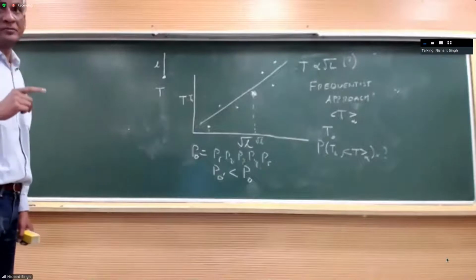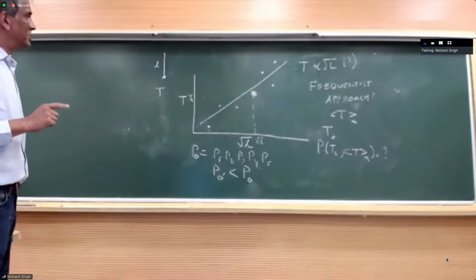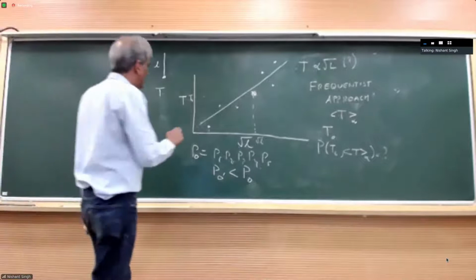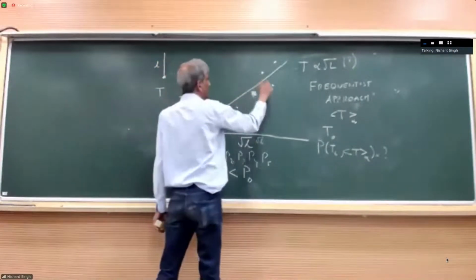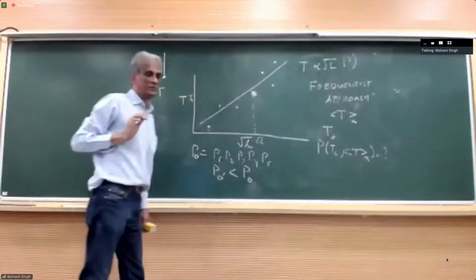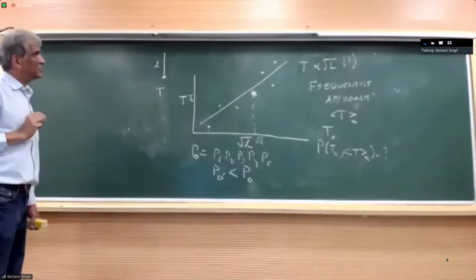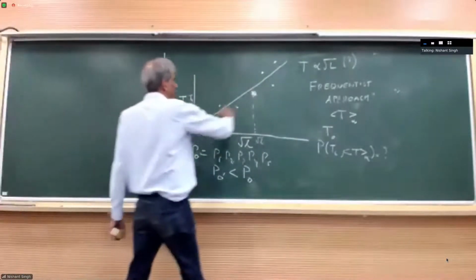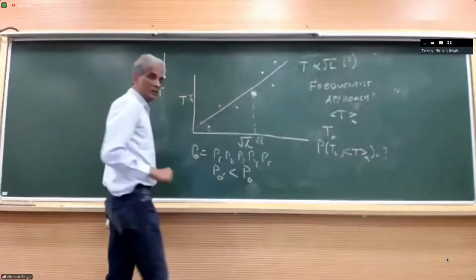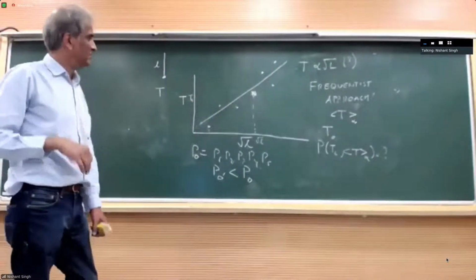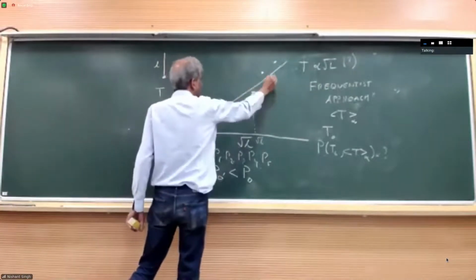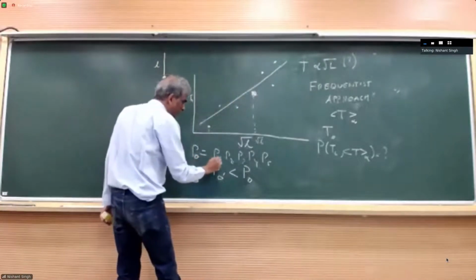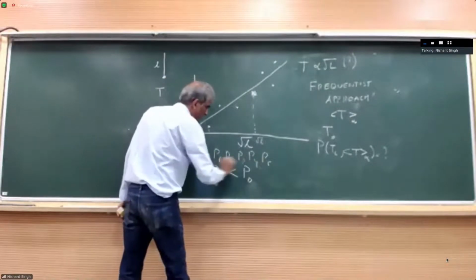I've asked two questions. My first question is, I have done an experiment and I've got these values, T1 to T5. I did actually get these values. Then I asked the question that if T is proportional to root L like this in a single line, what is the probability that I would have got these observation points, which should be T1, 2, 3, 4, 5 multiplied together.